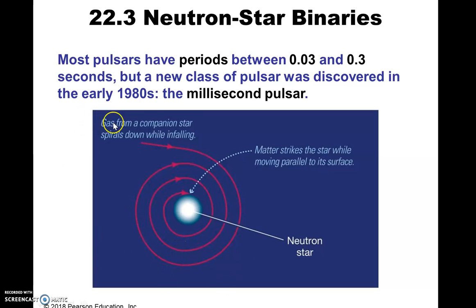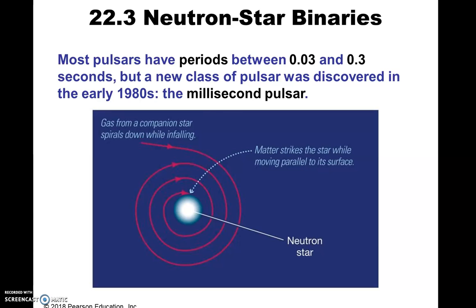So if the neutron star is spinning this way and then matter falls onto it, like this from the accretion disk, if matter is falling onto it in an almost perpendicular manner, that's going to give the neutron star a boost, a torque. And torques can slow down rotation, or torques can speed up rotation.